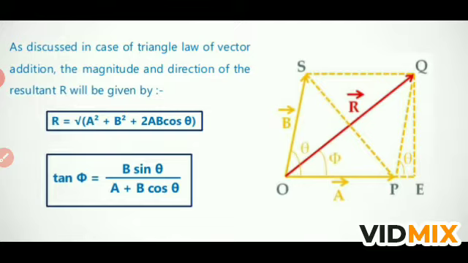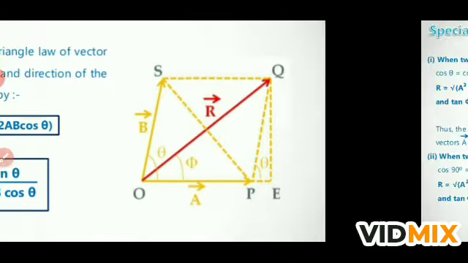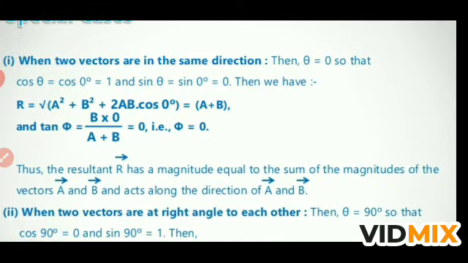It is very important to find both, because when a question is asked we have to find both things. So it is very important to learn this relation, where A is the magnitude of vector A, B is the magnitude of vector B, and theta is the angle between the two vectors. Now we are seeing some special cases.